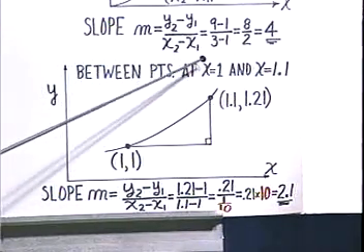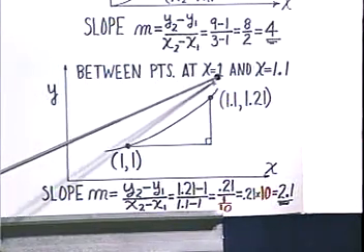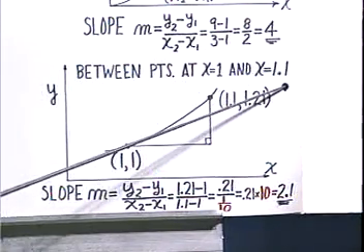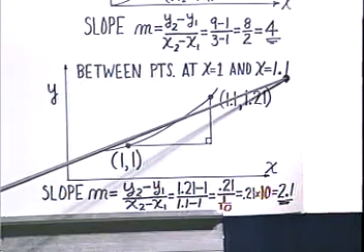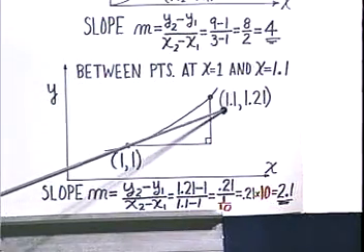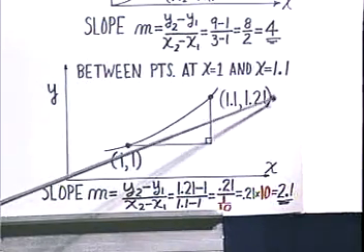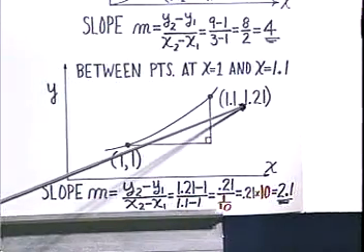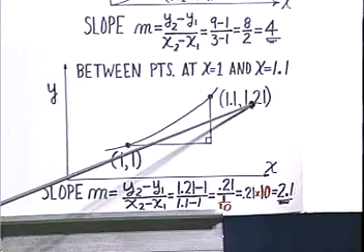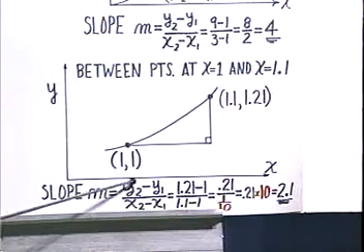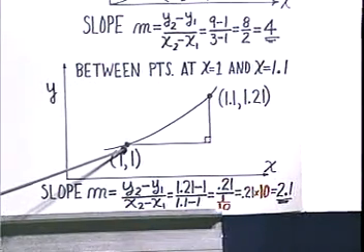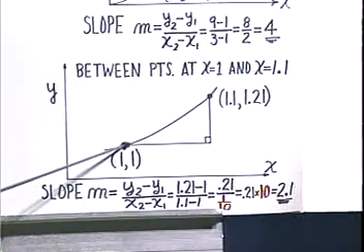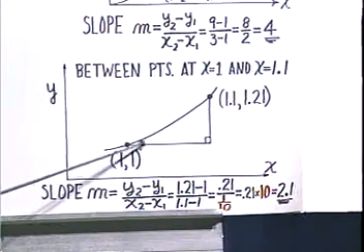We're going to go now between the points x equal 1 and x equal 1 plus 1/10, 1.1. So y2, we immediately know, is this squared, 1.21. We're still using as an anchor this point, where x is 1, y is 1.